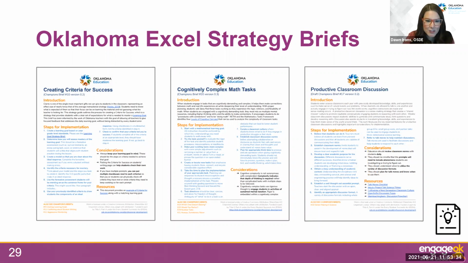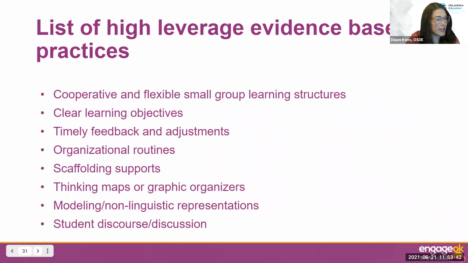So in the essence of time, we're going to move forward because we've got a few more things to do before we wrap. Just briefly, this is not in any way an exhaustive list of high leverage practices, but just to give you an example, cooperative and flexible small group learning structures, good for all kids, right? Having clear learning objectives goes in all content areas, all disciplines, good for all kids.